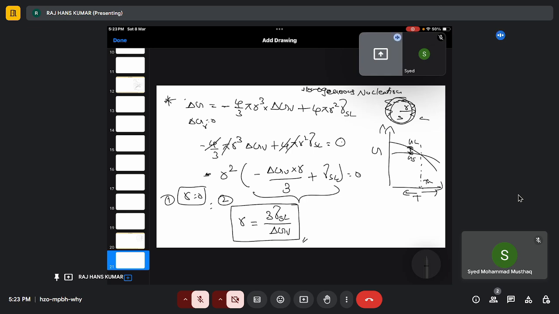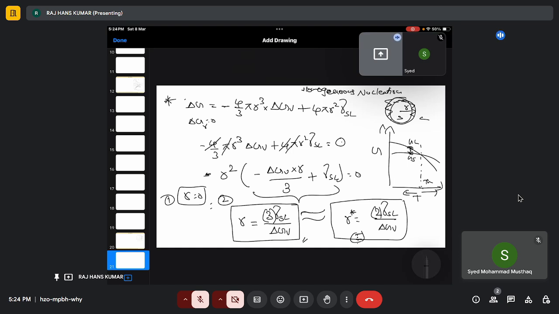Now we have seen R equals 2 gamma SL by delta G, which is our R star, the critical radius. If you differentiate it, then you will arrive at this one. I hope we all know how we arrived at this because I have done it many times. Now, what is the difference between these two? The term 3 and the term 2.